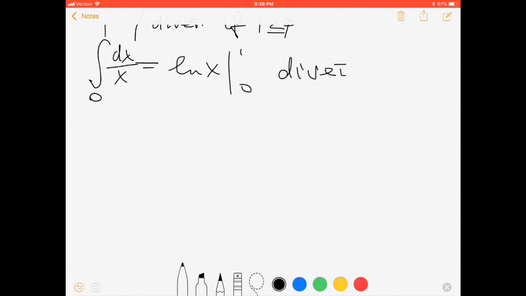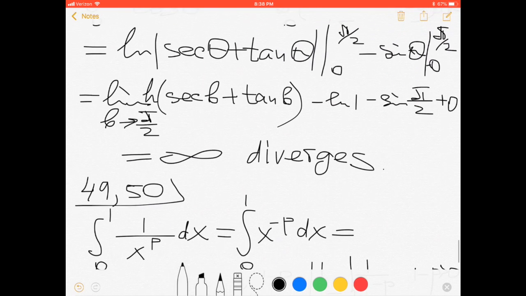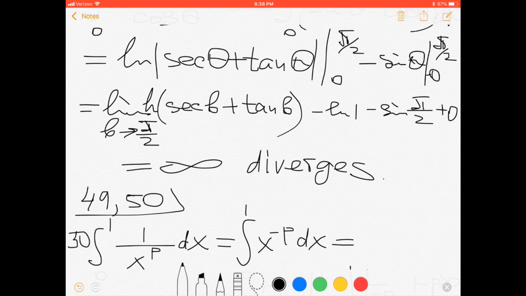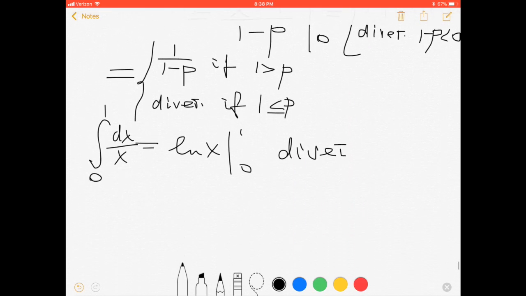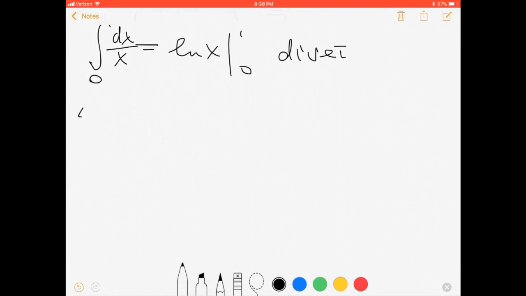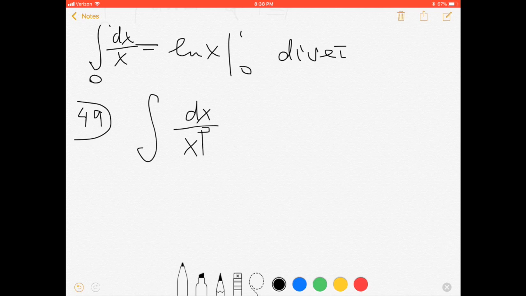Number 50. We're doing 50, so sorry. Number 49, we're doing 50. All right, this is 50. Number 49: it looks like we have the same function, dx over x to the power p, but the interval of integration is different, from 1 to infinity.